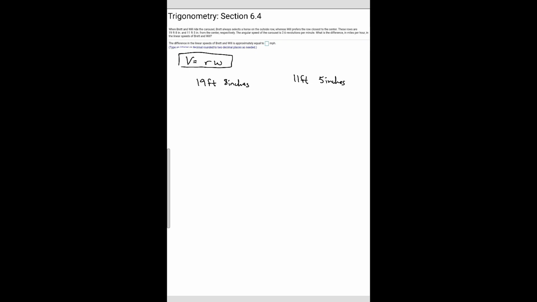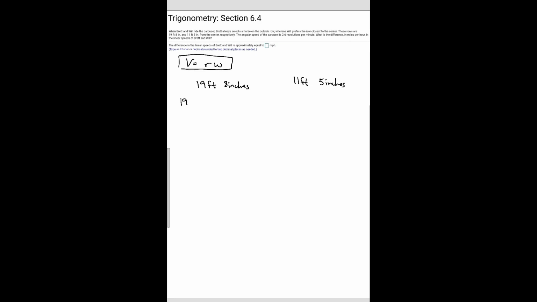In order for us to convert these to feet, we've got to do 19 feet plus 8 inches times 1 over 12, so basically 1 foot per 12 inches. Let's translate this. 19 feet is 228 inches, plus 8 inches.